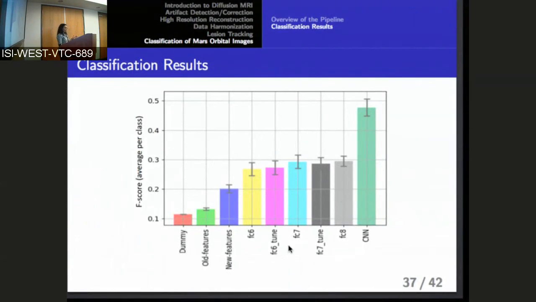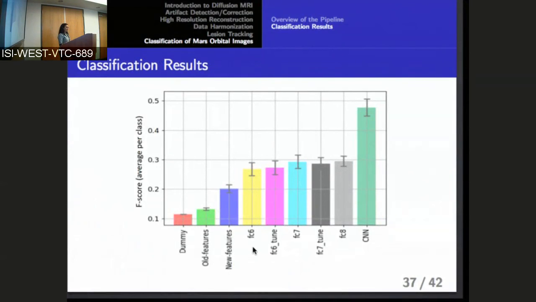For example, for the yellow, our features were the features at fully connected FC6. So these are CNN-based features fit to feature-based classifiers. Is it the same CNN that's shown at the end? Yes. So if you take that CNN and supply the features that you learned to random forest, this is what you get.